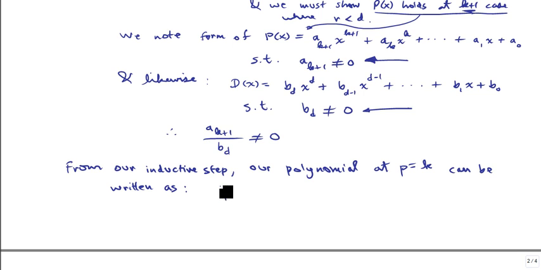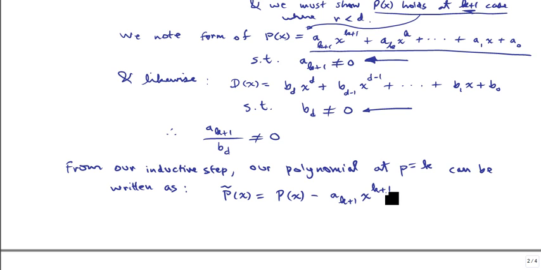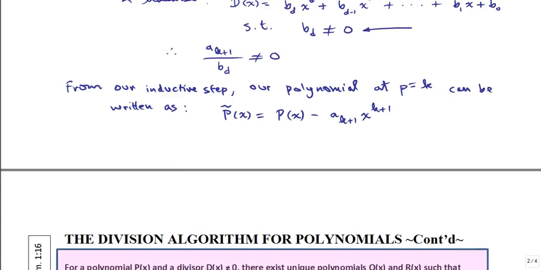I could say it's p tilde x equal to the p of x, which I'm interested in, minus, now the p of x, let's remember, had this form, right? But the p tilde is the polynomial knocked down by 1 degree. So I could take out this first term, which would be saying minus the a sub k plus 1 x to the k plus 1, if I subtract that. But now look how interesting this is.